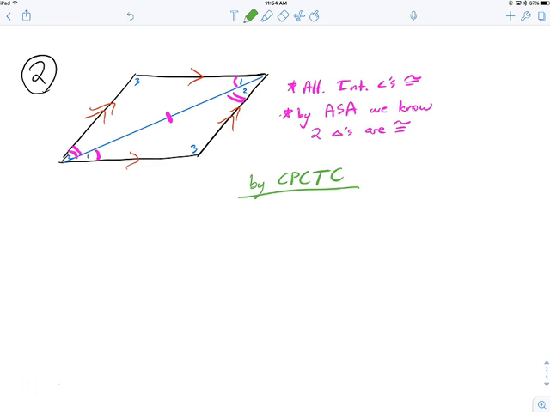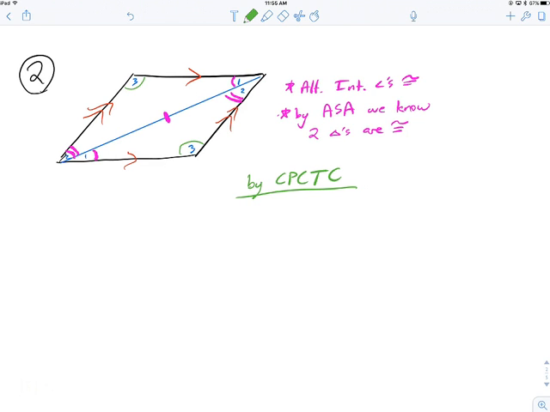So we'd say by CPCTC, this angle 3 is congruent to this angle 3. And the sum of angle 1 and angle 2 over here is the same as the sum of angle 1 and angle 2 over here. So it looks like in any parallelogram, we just proved that the opposite angles are congruent. Okay, that's going to be useful.